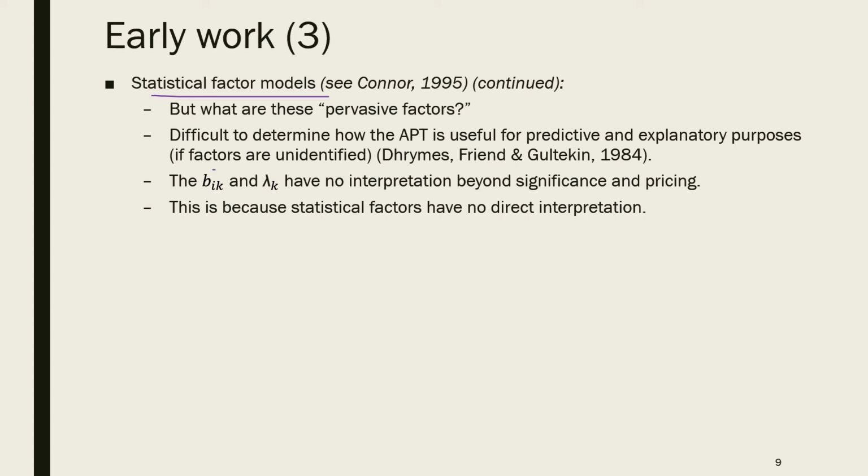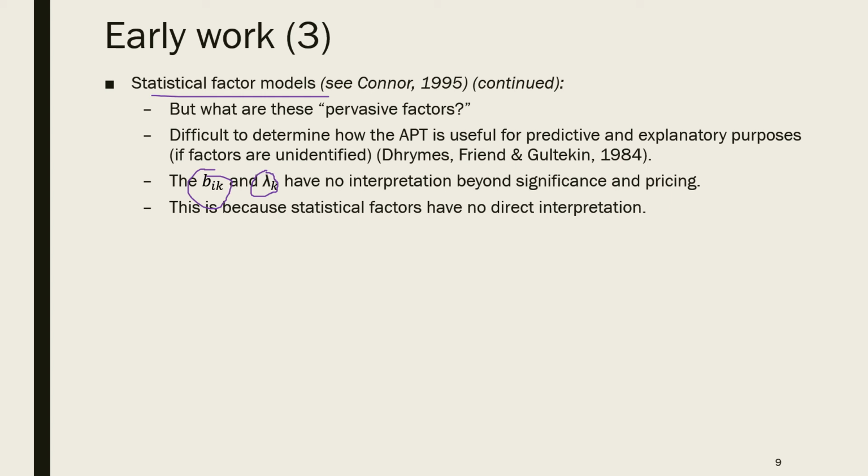So hence, estimated betas in the model, the so-called parameters, would not have an interpretation beyond that of significance and representing that idea or confirming that idea that there's multiple drivers of stock markets.